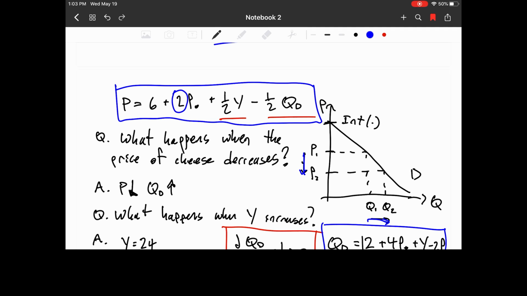And that's all controlled by this intercept term. So just as a summary here, changes in the good's own price cause a movement along the demand curve, and changes in the other variables, with a linear demand curve, change the intercept.